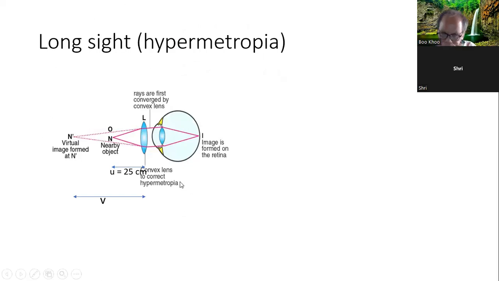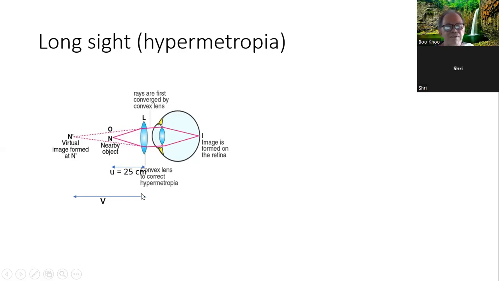Okay. So the near point becomes our object distance. We want to have a lens that will make a virtual image, right? This near point appears at the point that we can see. Right? Virtual image at N dash.